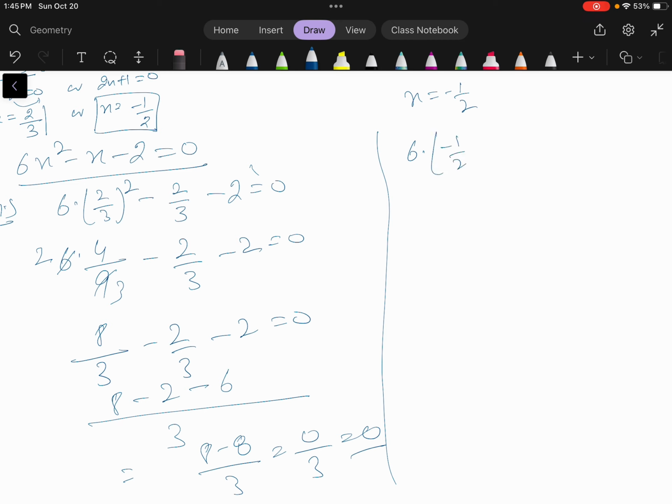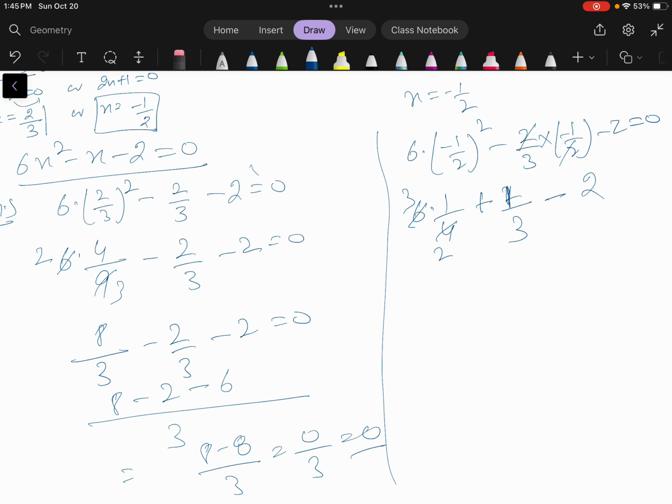So 6 into the square of 1 upon 2, minus 2 upon 3 into 1 upon 2, minus 2 is equal to 0. So this is 6 into 1 upon 4 minus, when we solve this, this will become plus over here, so this is equal to 2 upon 3 minus 2. So 2 2s are 4, 2 3s are 6.